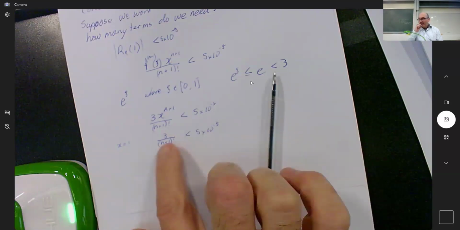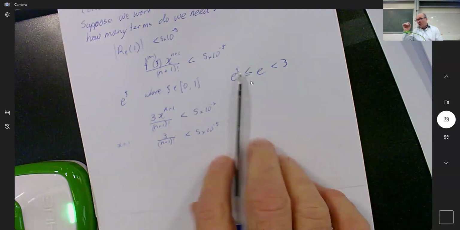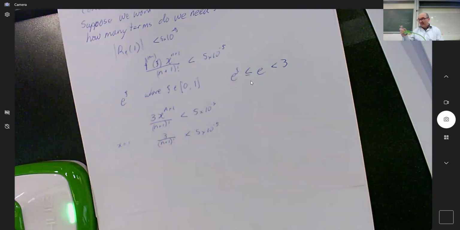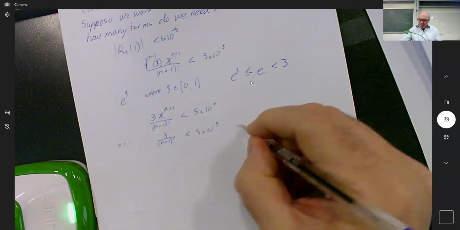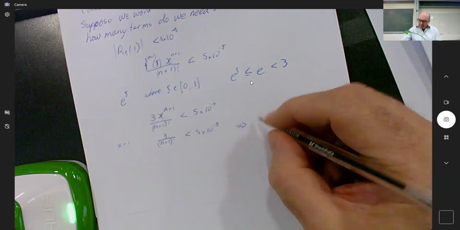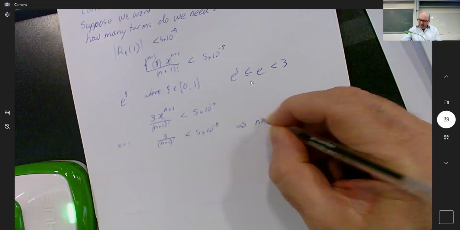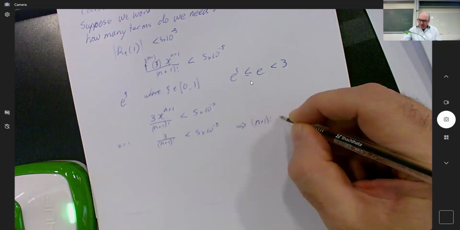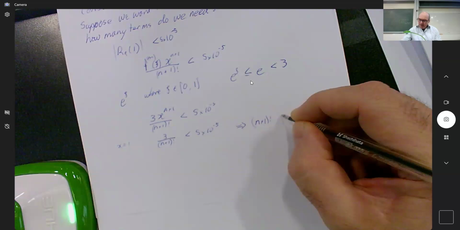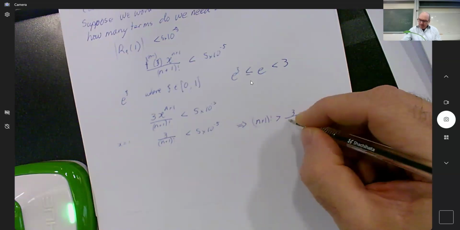I'm going to get a slight overestimate for what n is, but if I'm talking about accuracy, I want to go one more rather than one less. Little bit of jiggery pokery. I'm going to treat this as an equality, and n plus 1 factorial has got to be greater than 3 on 5 by 10 to the minus 5.